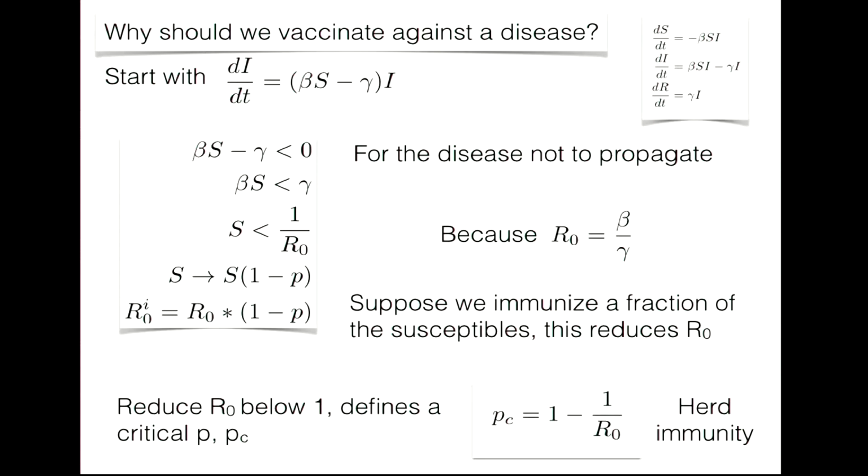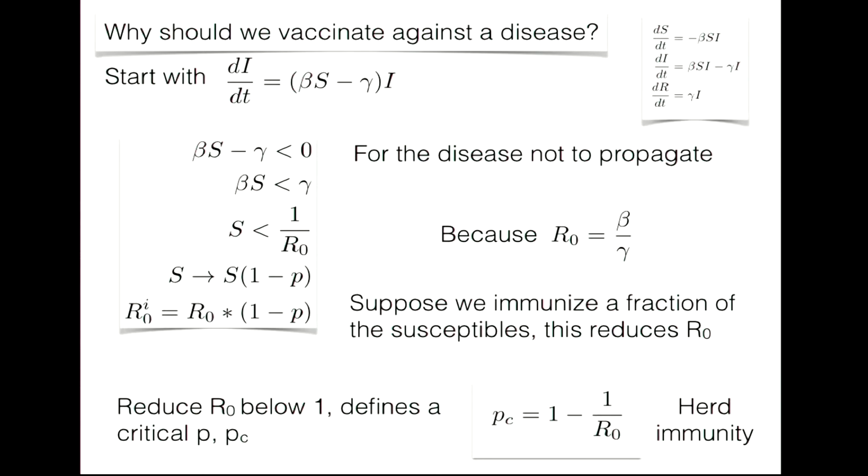So now when you do this, you have reduced p. At some point you will meet this particular condition for which beta times S times 1 minus p is less than gamma. That special p value is the value at which, if you inoculate or remove that fraction of people from the susceptible group, then the disease cannot propagate anymore because R0 is less than 1.